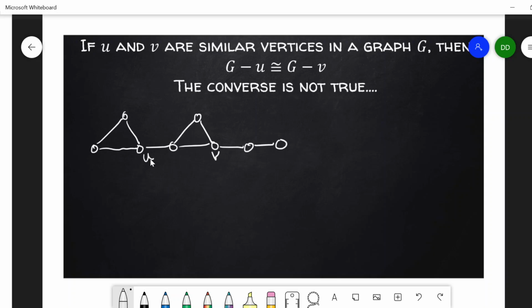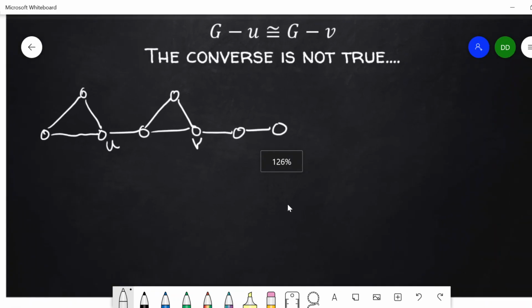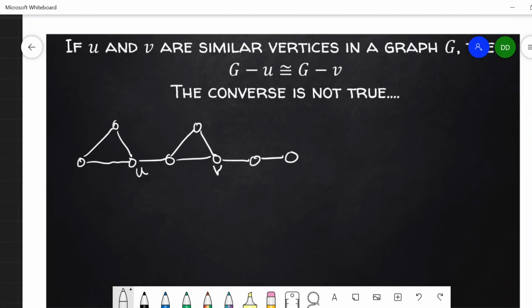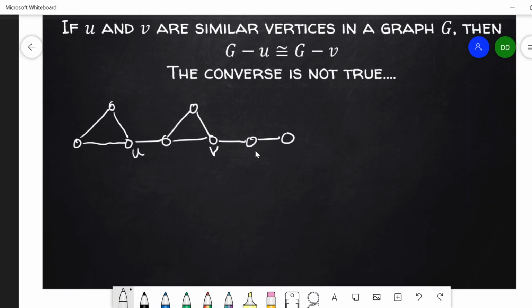So for example, consider this graph I have here. If I delete U, if I do G minus U here, what'll I end up with? I'll end up with this edge by itself. And what'll be left? I'll have this triangle with this sort of dongle coming off of it. So I'll have something isomorphic to this graph.